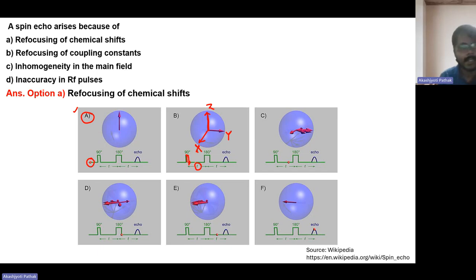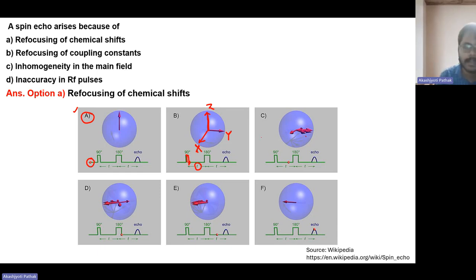Each of the nuclei, because of their different chemical environments, will experience different external magnetic fields, because each nucleus generates its own local magnetic field. So this is what is happening during this relaxation time of t. They are starting to dephase.